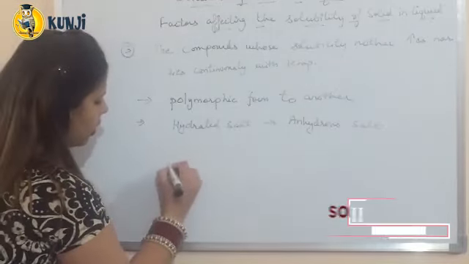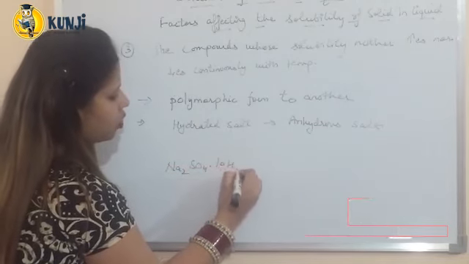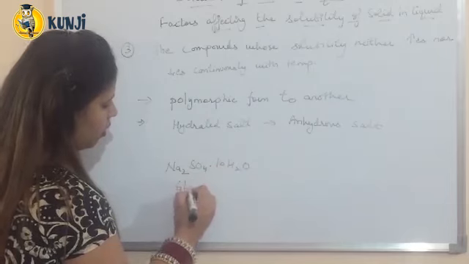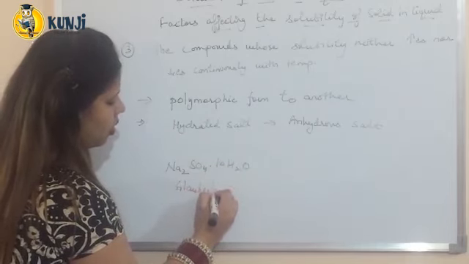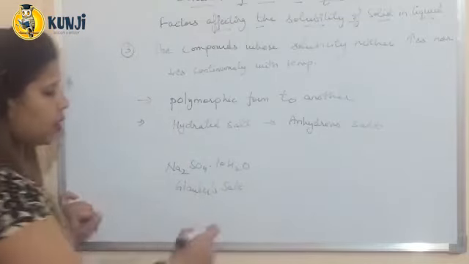For example, we take the example of Na2SO4.10H2O, which is known as Glauber's salt. Now what was observed?